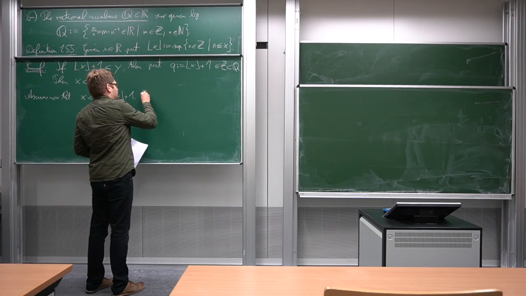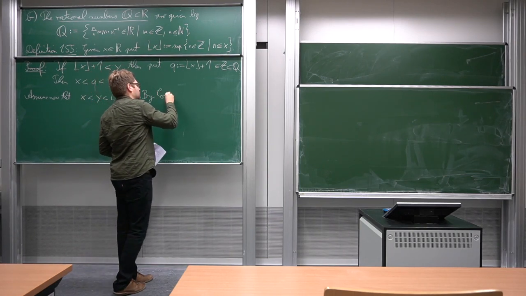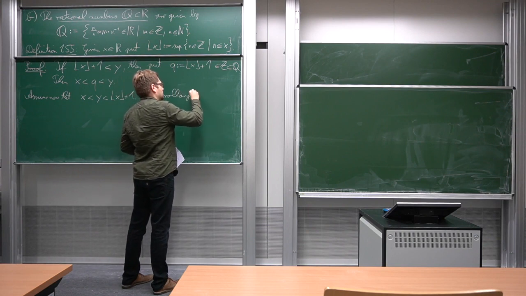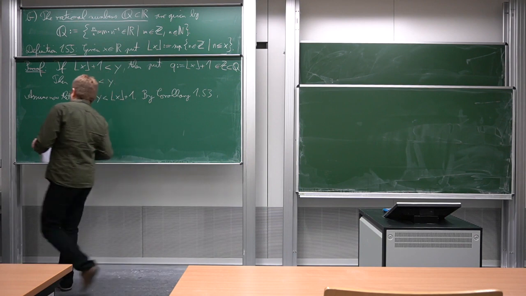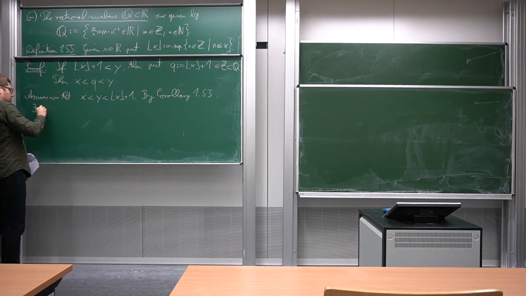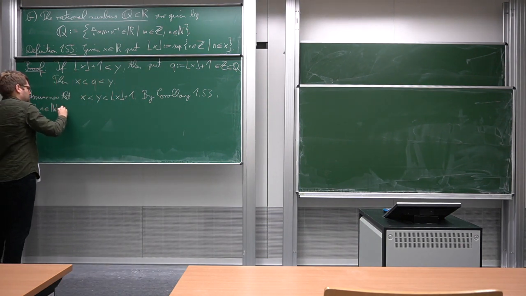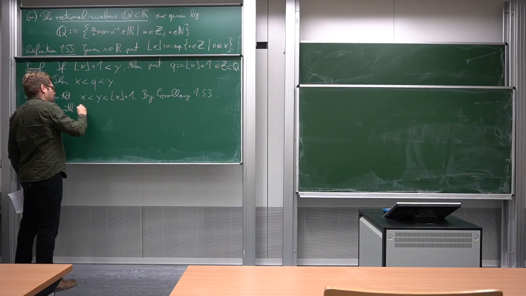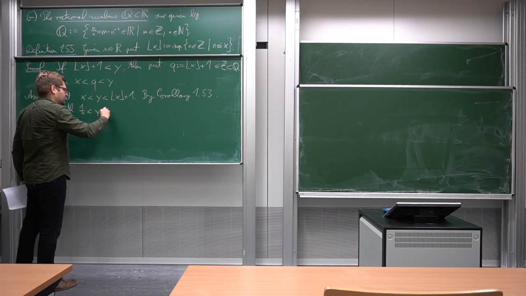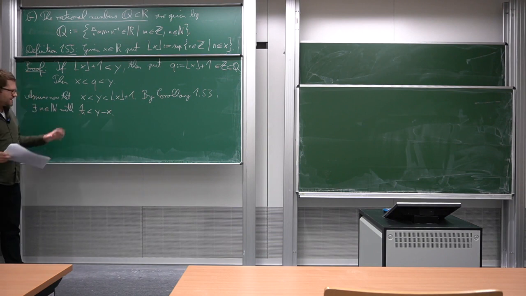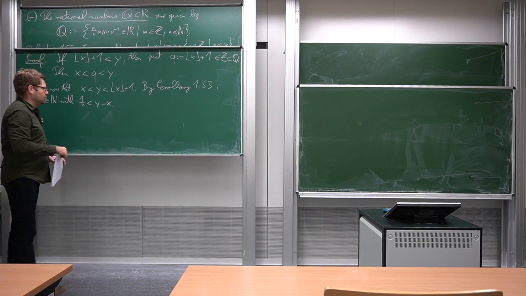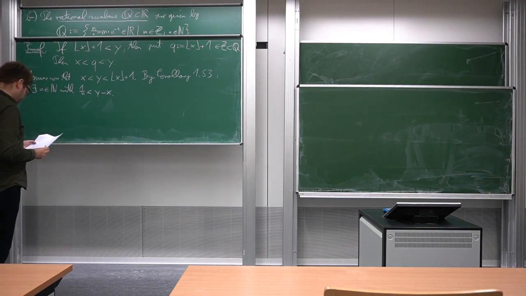So first of all, by the previous corollary 153, there exists a natural number n such that 1 over n is smaller than the difference of y and x. We know this is a positive number, and so we can find some n such that this fits neatly. This is small enough, smaller than the difference.